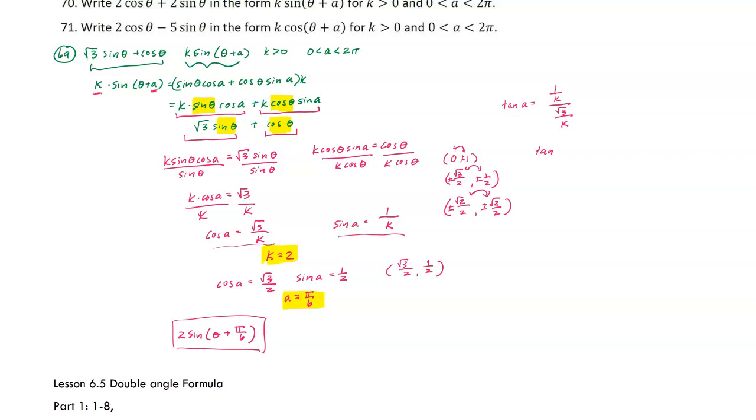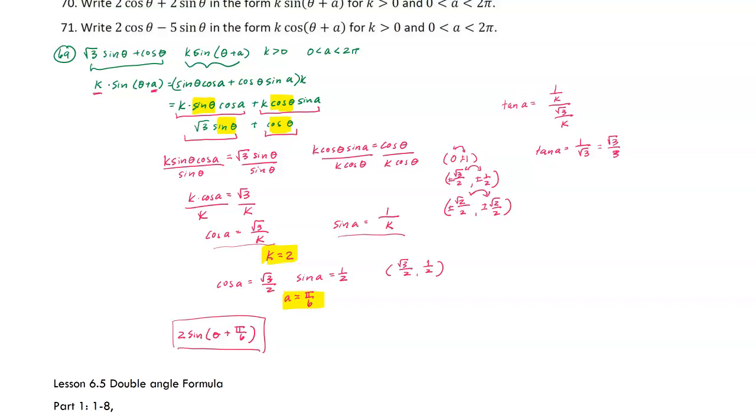So tangent of a equals 1 over square root of 3, or square root of 3 over 3.